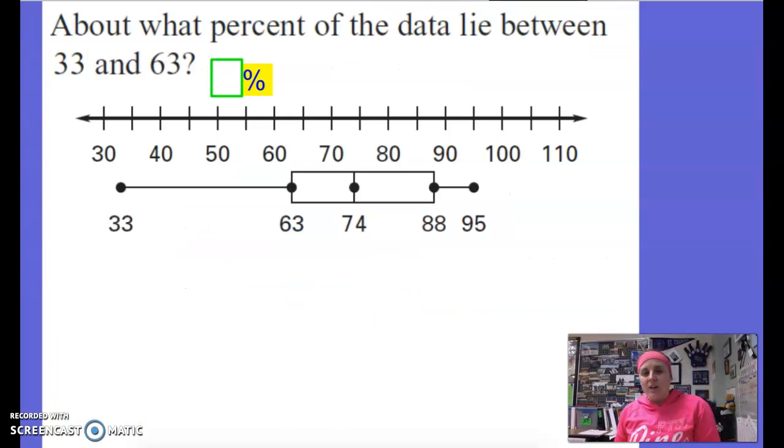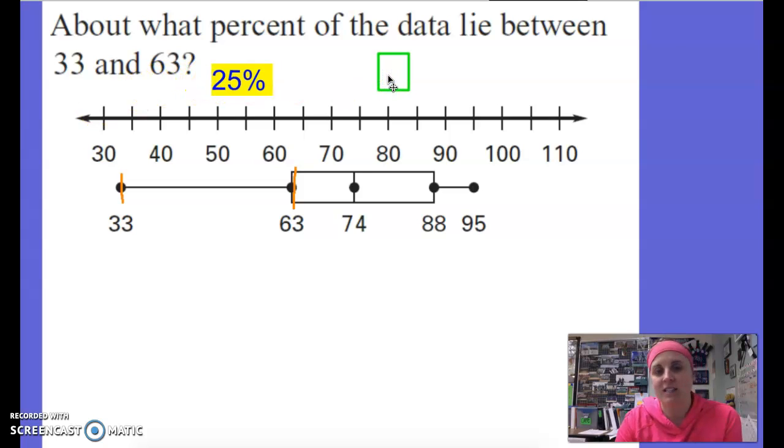So, looking at a data set, here we have minimum, Q1, median, Q3, max. What percent of the data lies between 33 to 63? Well, that's one piece of our graph, which is going to tell us that that is 25% of the data.